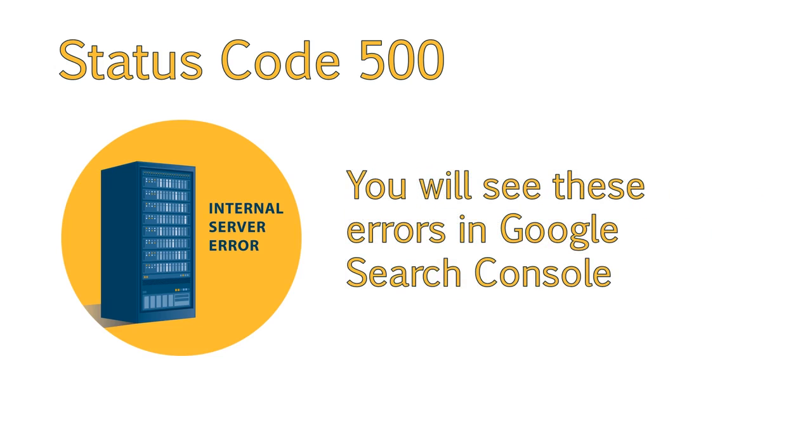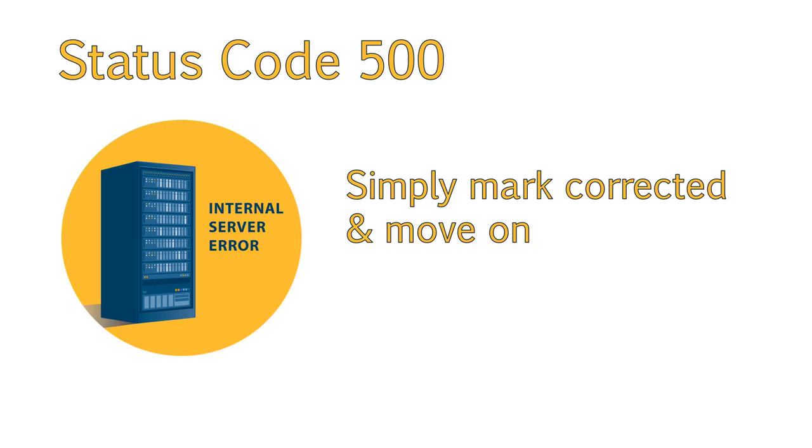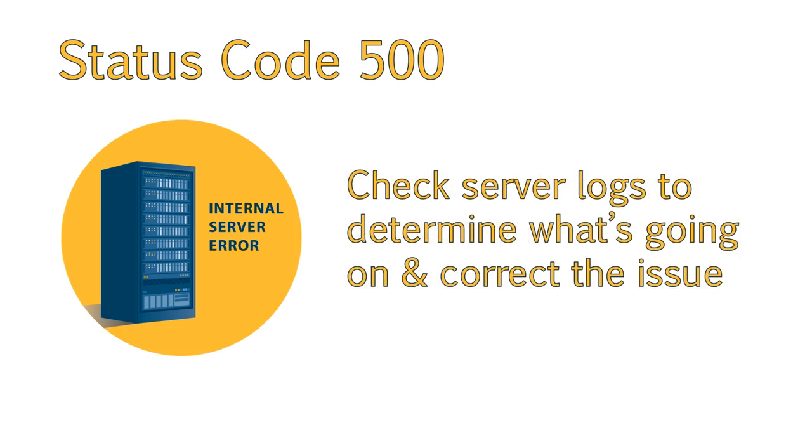You will see a list of these errors in Google Search Console, and when you check, they may have already been corrected. In this case, simply mark corrected and move on. If this error continues, the web developer may need to look at server logs to try to determine what is going on and correct the issue.